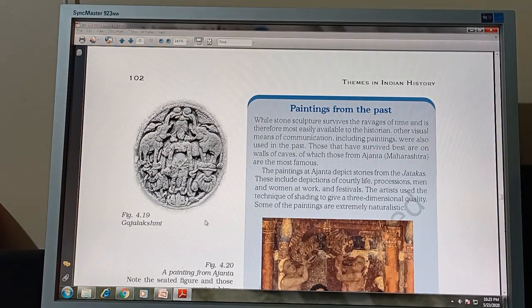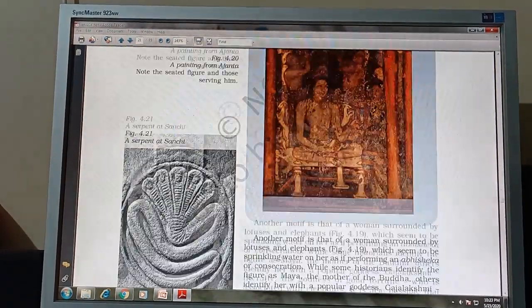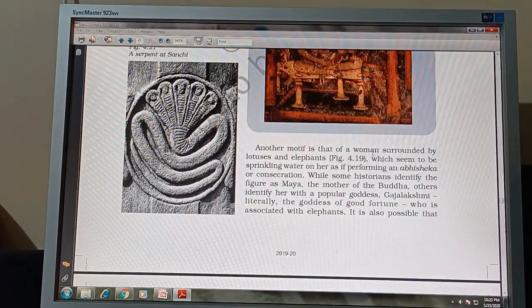There is this symbol here, described as a woman surrounded by lotus and elephants. Just now we saw it in figure 4.19, and it is believed that maybe this figure was of Buddha's mother Maya, and others think that maybe she is the popular goddess Gaja Lakshmi.